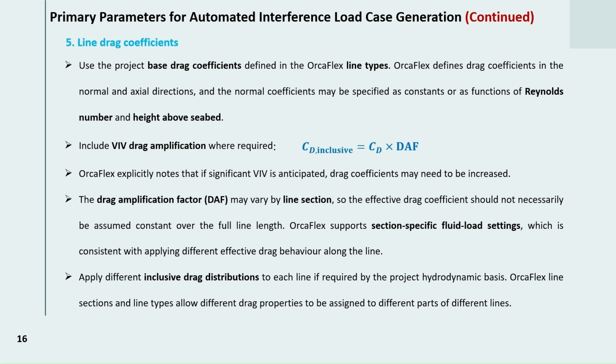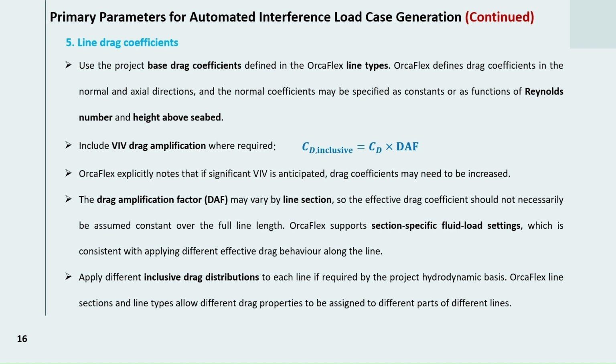Also, if the project basis defines different DAF distributions for different lines, then those differences must be respected in the generated interference cases. In other words, each line may require its own inclusive drag definition, and that definition may also vary along the line length, and Orcaflex line sections and line types allow this level of definition.